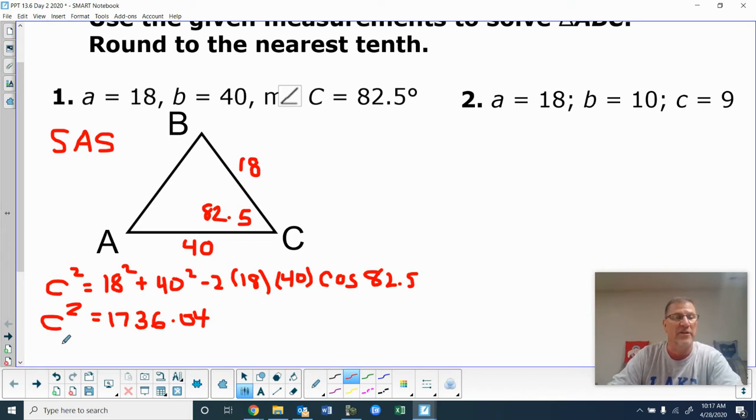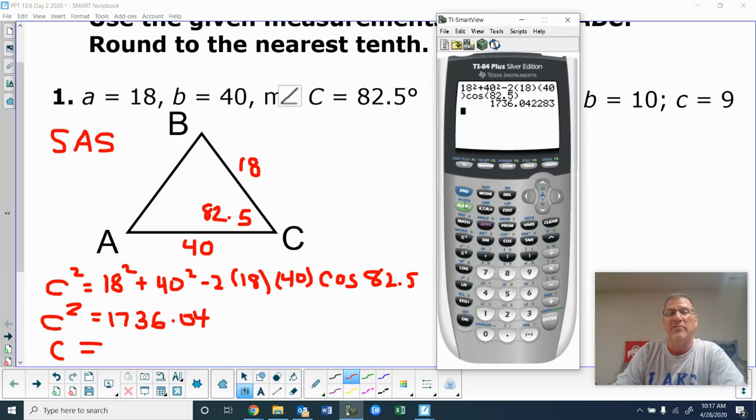Remember, that's what C squared is. So I have to take the square root of that to get side C. On my calculator, I'm going to hit second squared for square root, and then second answer, so I don't have to punch that in. And I get 41.7.